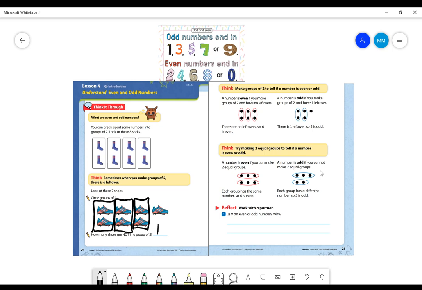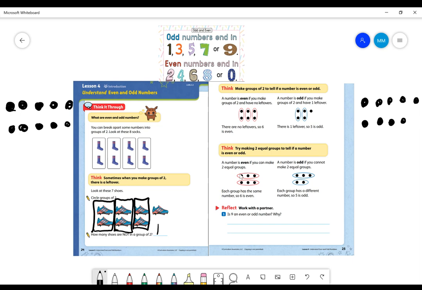So for example, I'm going to make an even number and an odd number. So I'm going to do 2, 3, 4, 5, 6, 7, 8, 9, 10. And over here, I'm going to do 1, 2, 3, 4, 5, 6, 7, 8, 9. Now, it says a number is even if you can make two equal groups, or if I can make groups of two.